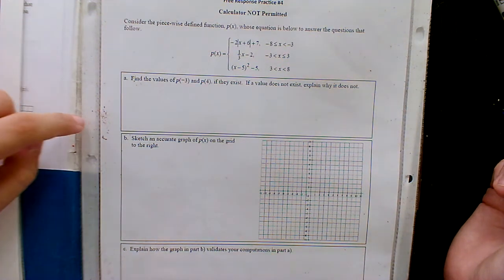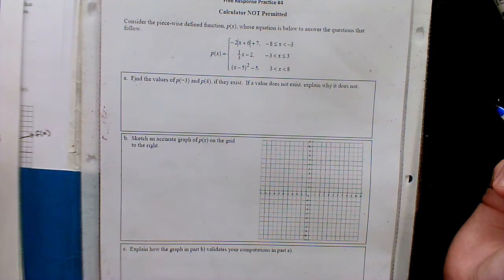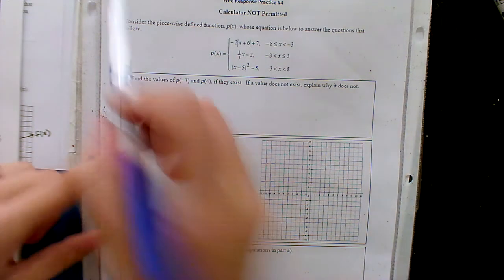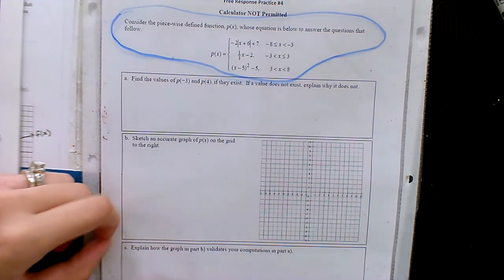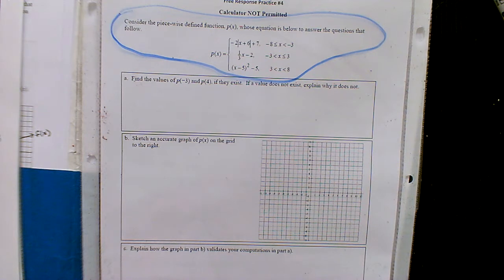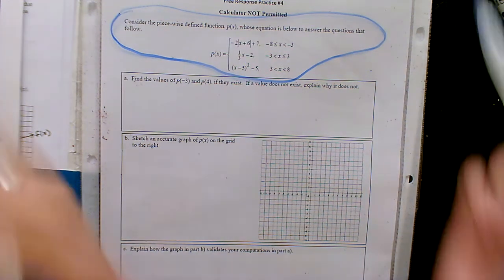So these free response questions, I don't want to say they're difficult, I don't want to say they're involved, but they're thinkers, okay? And how they kind of operate is you're usually always given some piece of information at the top. Some given equation, numbers, information, whatever it might be.